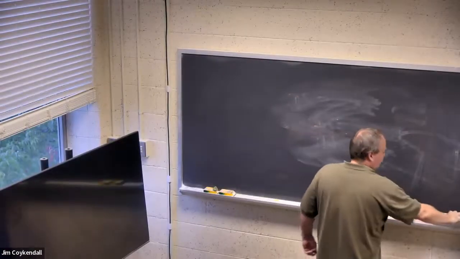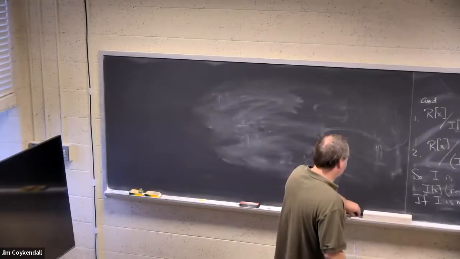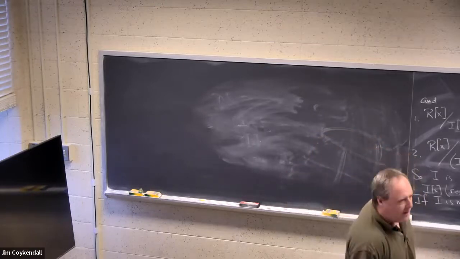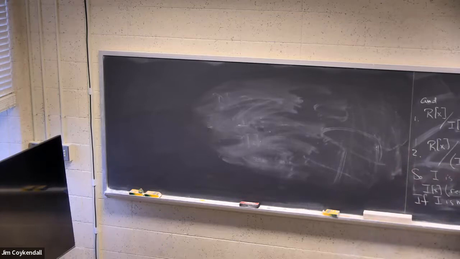Okay, so now let's do a little bit in the realm of power series. Let me say something about my experience with power series. There's a bunch of theorems where the same thing happens with power series, and the proof is almost exactly the same.